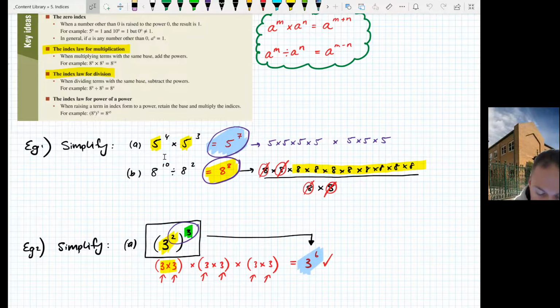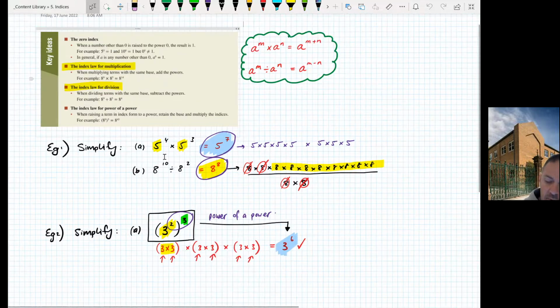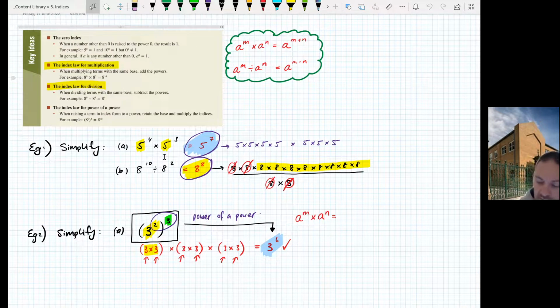And we call this the power of a power law. And what this power of a power law says is that when you have a common base and you are raising it to a power, so we've got a to the m, all to the power of n, well, we can actually multiply those indices together.